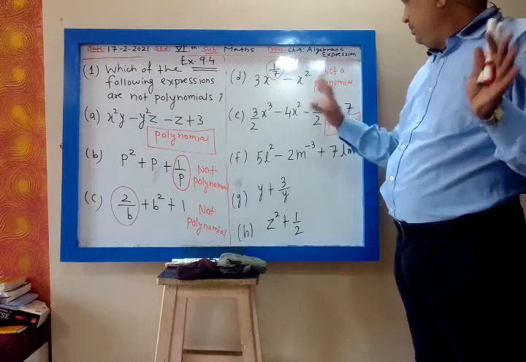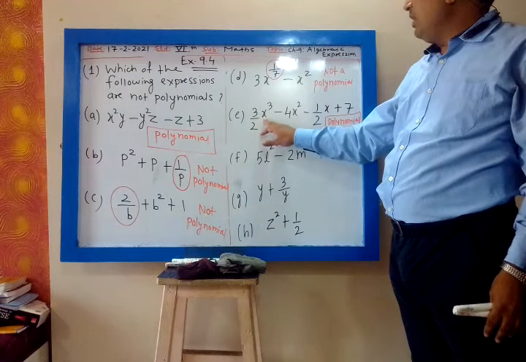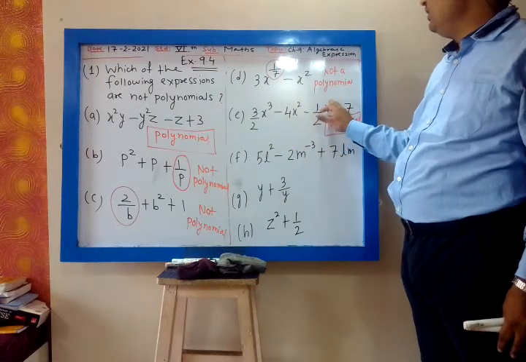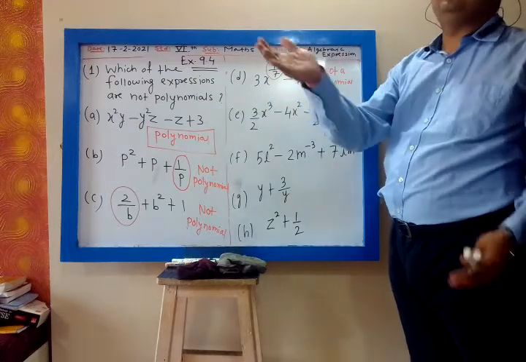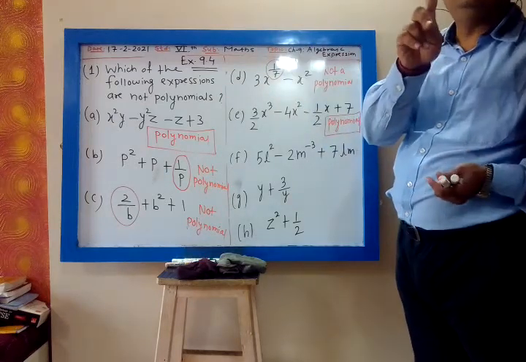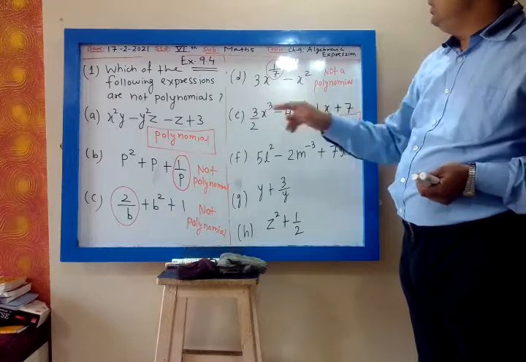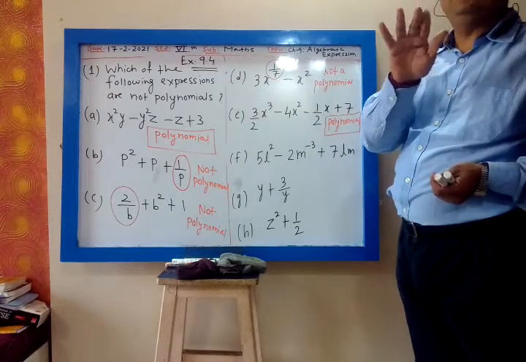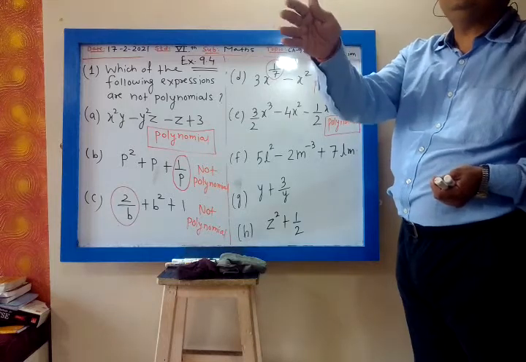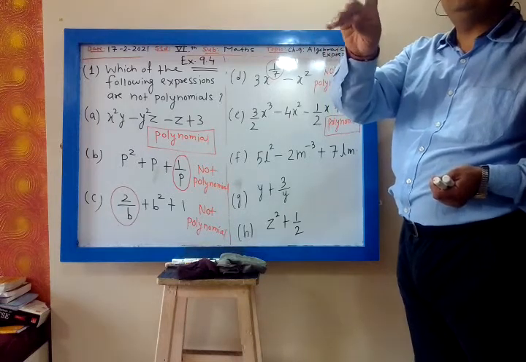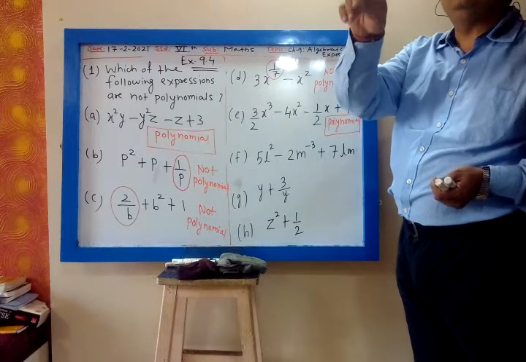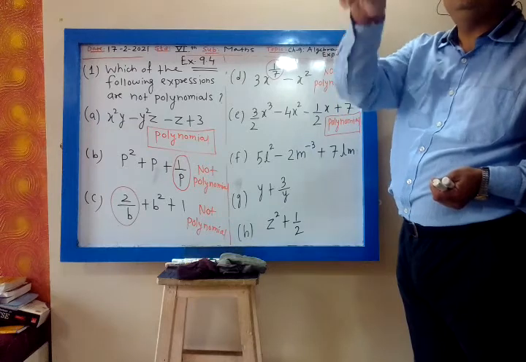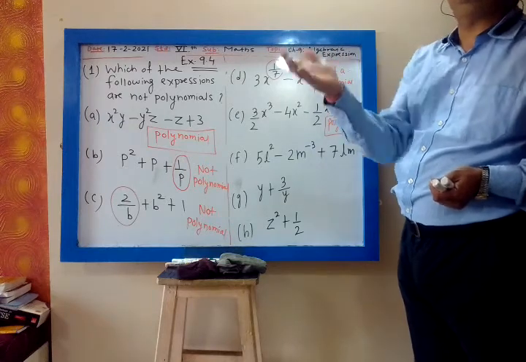See here, what is the power of x? 3. 2. 1. And the variables are in the numerator. Two things you have to check whether it is a polynomial. First, the variable should be in the numerator. Second, the power of the variable should be either 0, 1, 2, 3, 4. If the power is negative or a fraction, then it is not a polynomial.